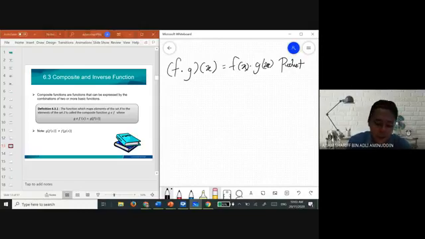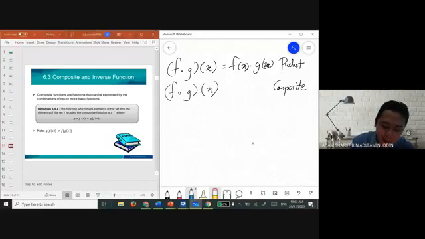Composite, dia F bulat ni. Ini composite. Sangat beza ya. Titik dengan titik donat ni. Saya tak tahu nak bagi titik benda.